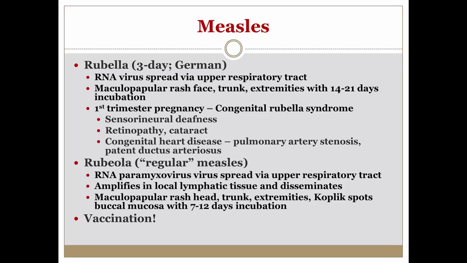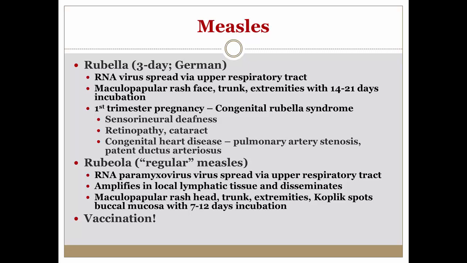It also, like rubella, has a maculopapular rash on the head, the trunk, and the extremities, but it develops something called Koplik spots, and these are little white spots in the buccal mucosa, with a 7 to 12 day incubation.